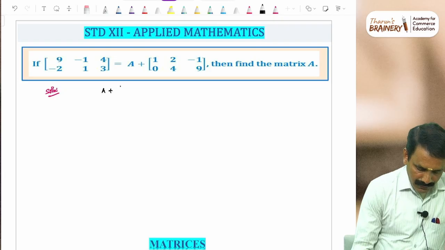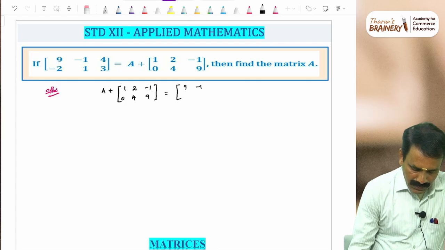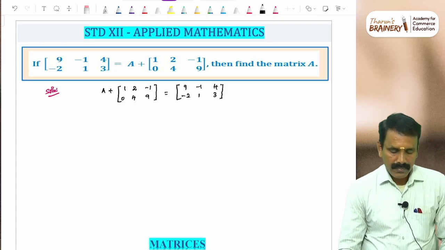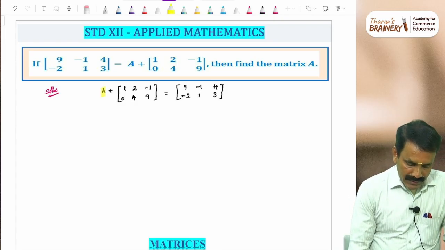A plus of 1, 2, minus 1, 0, 4, 9 is equal to 9, minus 1, 4, minus 2, 1, 3. We are supposed to find the value for this matrix A.